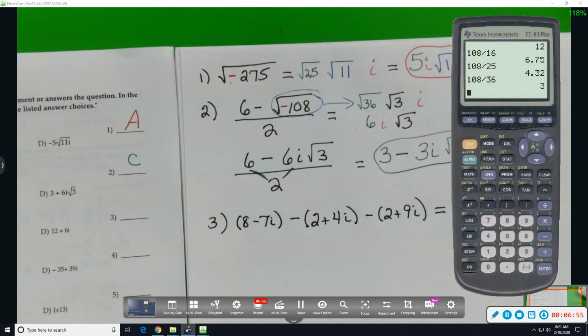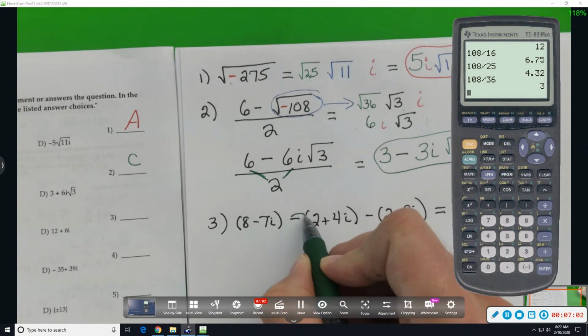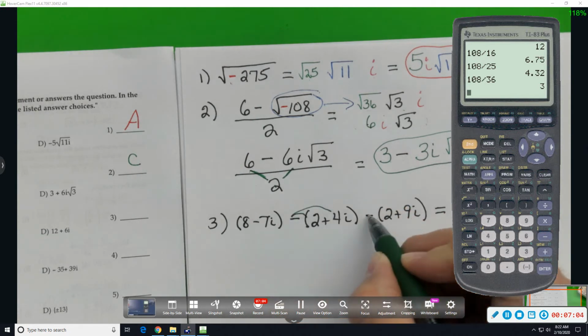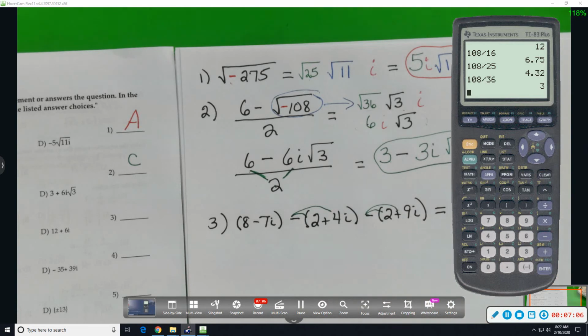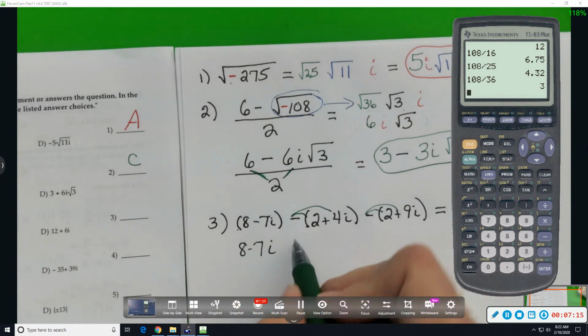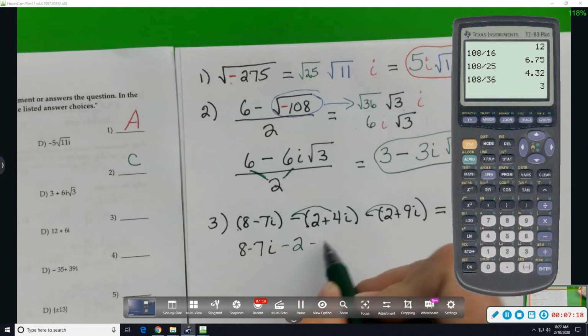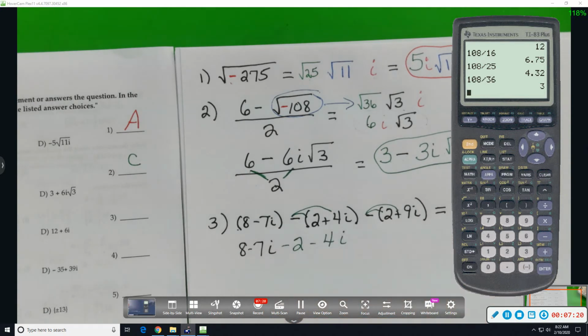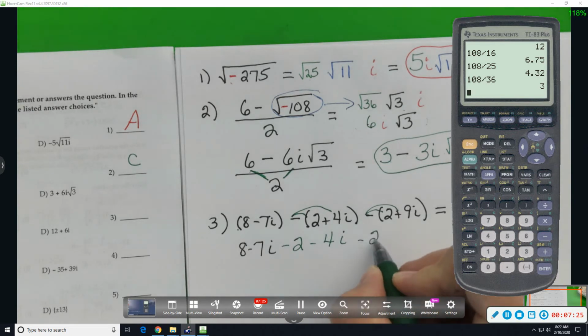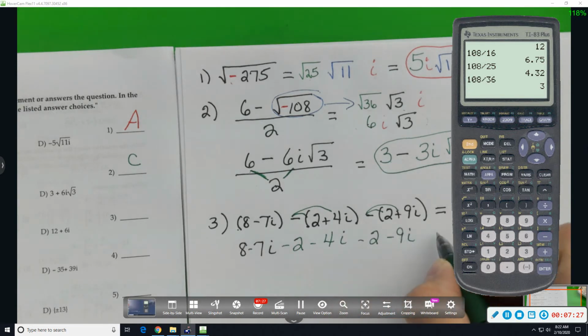Well, we're combining, or we're subtracting complex numbers. So this minus in front, you got to distribute and then combine the like terms. So I'll just drop the first set of parentheses. And then when I start distributing the minus, I have a minus 2 and a minus 4i and another minus 2 and a minus 9i.